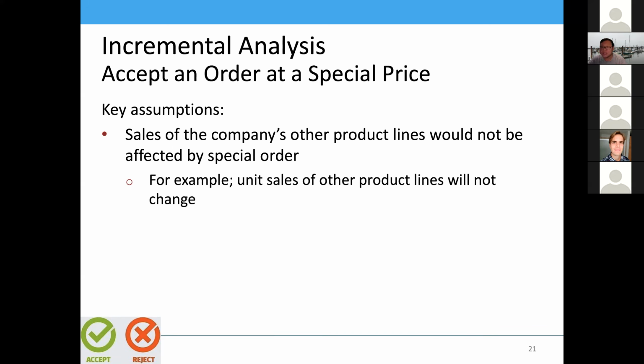If this special offer is made known to other customers and they get upset, saying, how come you charge us $10 but you only charge this order $5, and then they require you to charge them less, that's not the assumption. The assumption is there's no impact of this special order on the other normal sales.